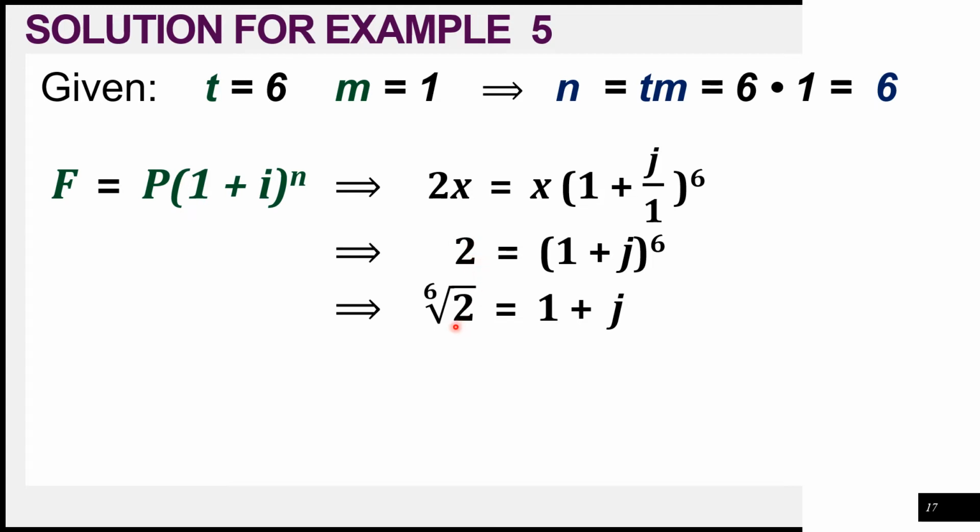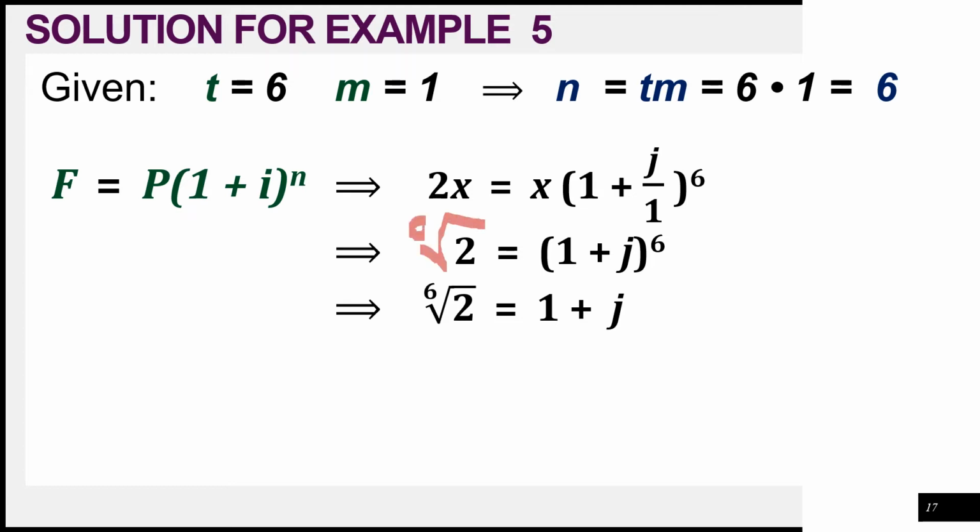Hence, 2 with its symbol for the 6th root equals 1 plus j. Since we are getting the 6th root of this one, we will just cancel 6. Let me illustrate. We solve for the 6th root.